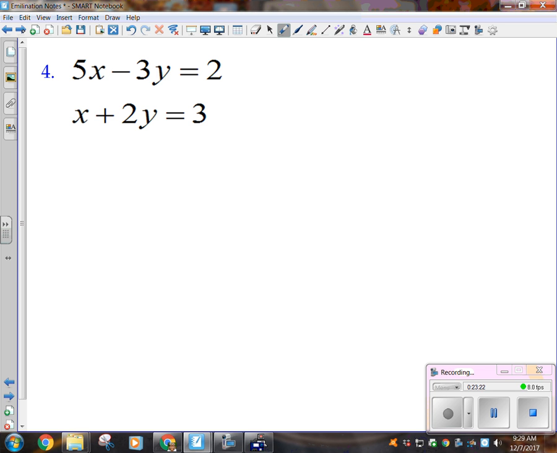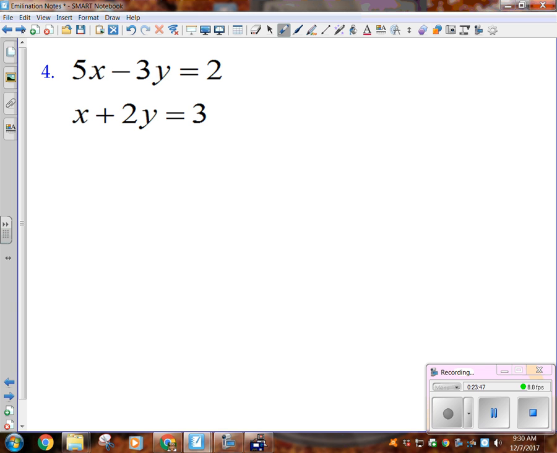Okay. Well, you could do X's because all you gotta do is add. Let me ask you a question. 3 will not make a 2, and 2 won't make a 3, will it? So I would have to change both of these to some number they both go into. Like, what can I multiply 3 by, and what can I multiply 2 by to make them be the same number? Could I do that?